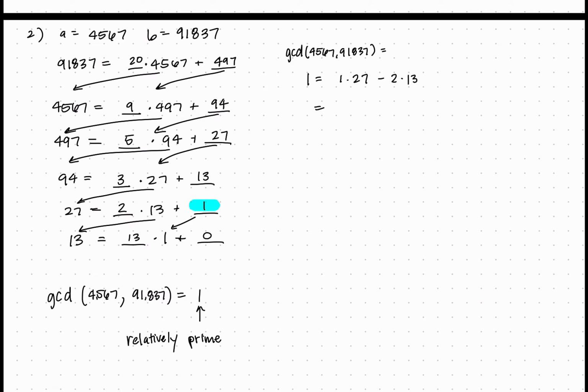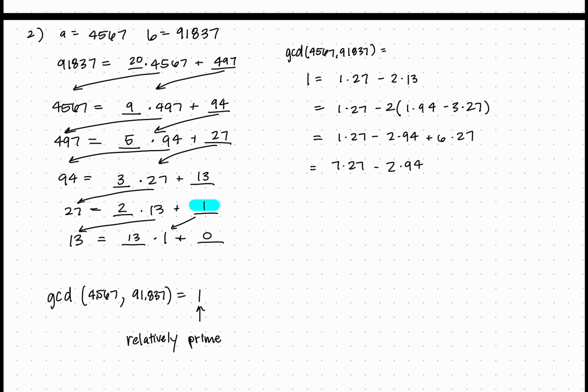Then I'll get rid of the smaller one because I'm going to go up one row. I need to get rid of that 13 with substitution. So 1 times 27 minus 2 times, and 13 would be 1 times 94 minus 3 times 27. I'll do a little cleaning. So that's 1 times 27 minus 2 94s plus 6 times 27. Just distributing there, I have 7 27s minus 2 times 94.